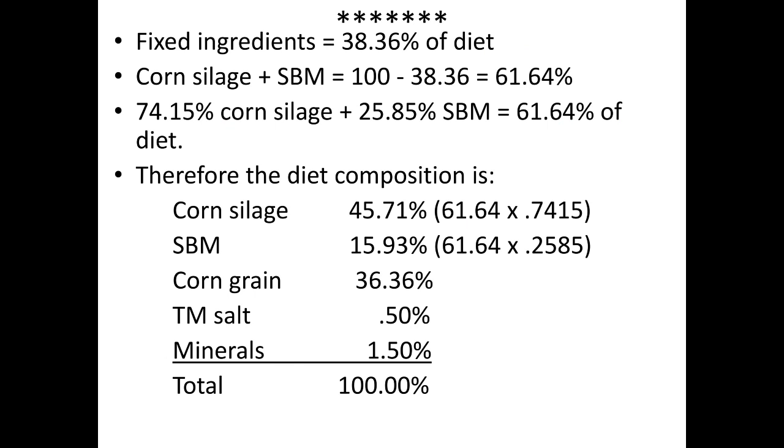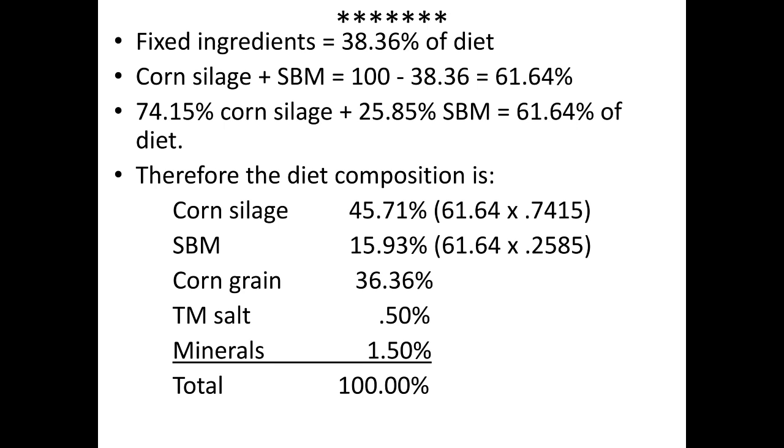Corn silage plus soybean meal are thus 100 minus 38.36, or 61.64%. Okay, so we just solved our Pearson square, and basically what that means is 74.15% corn silage plus 25.85% soybean meal are 61.64% of the diet. Okay, does that make sense? If it doesn't, please let me know.